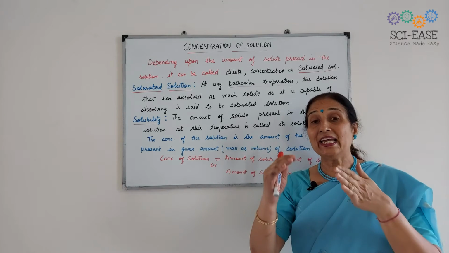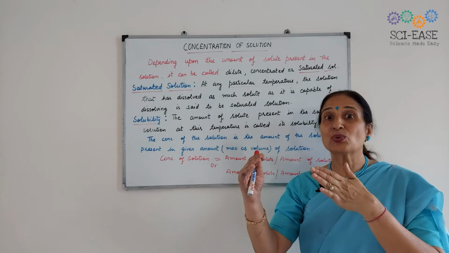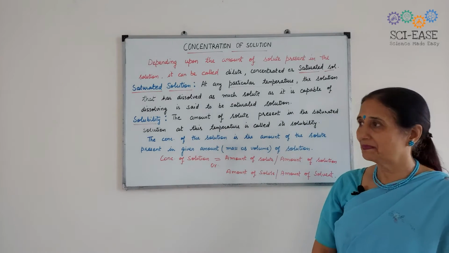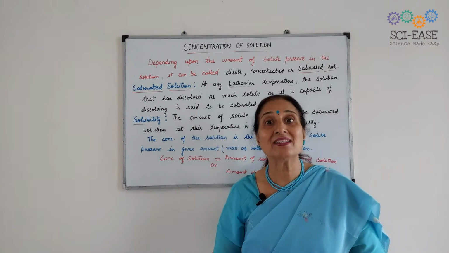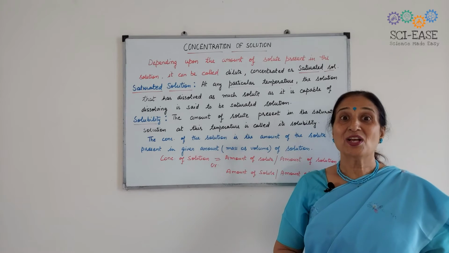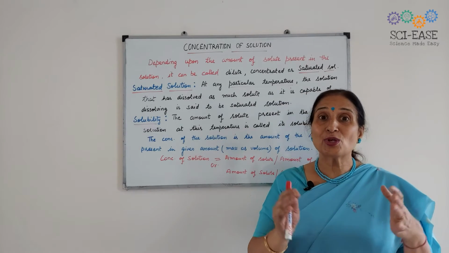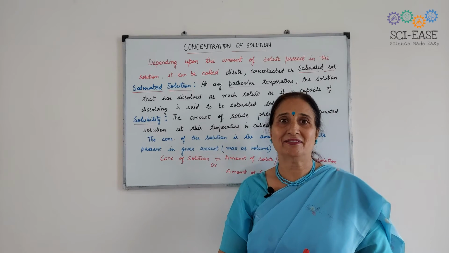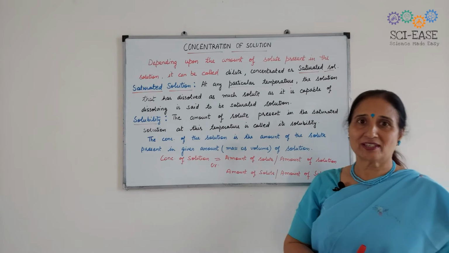So by increasing the temperature, the saturation point can be shifted. The reverse of saturated solution is unsaturated solution. So what is an unsaturated solution? The solution in which more solute can be added is known as an unsaturated solution.